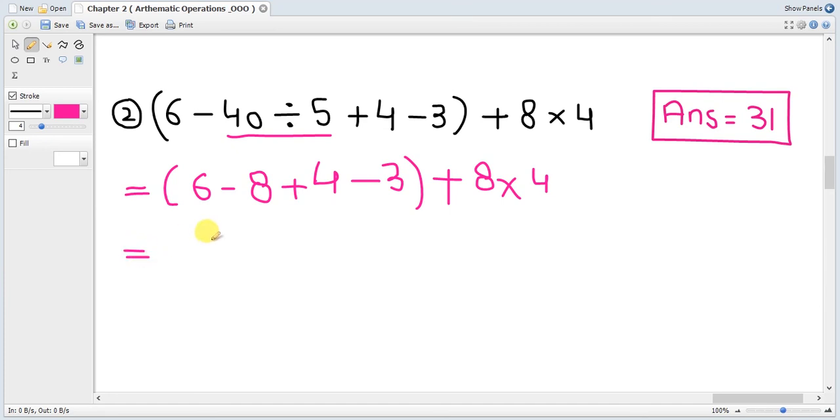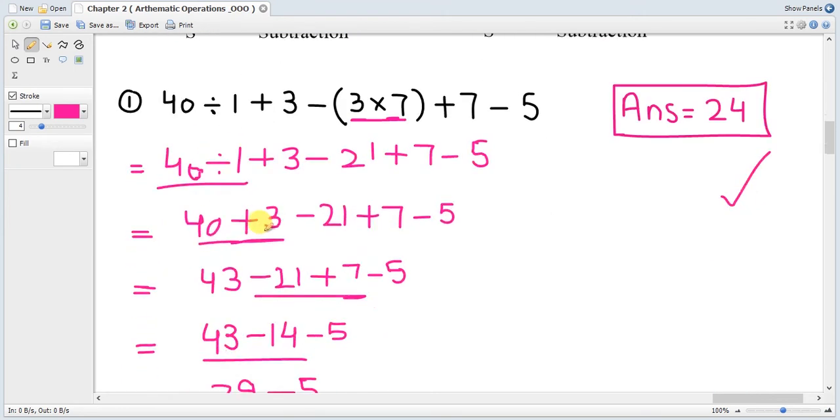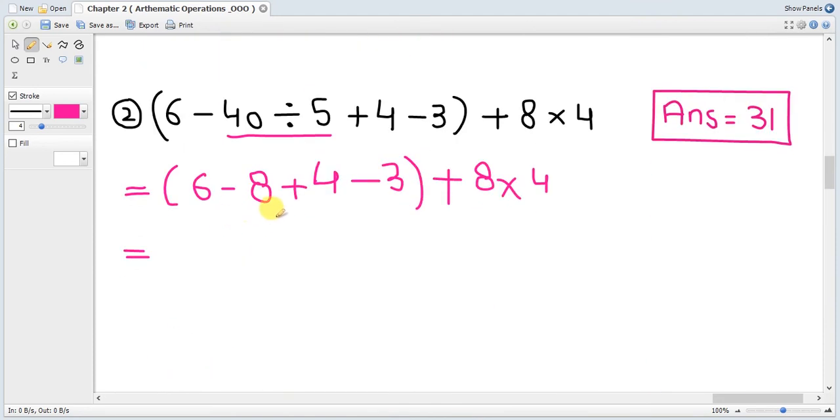Now we have to solve these two numbers. According to the BEDMAS or PEDMAS rule, parentheses, exponents, division, multiplication, addition and then subtraction, we first solve addition and then subtraction. But be careful with the sign of 8. The sign with this 8 is negative. If we do not take this sign, our answer will be 8 plus 4, which is 12.